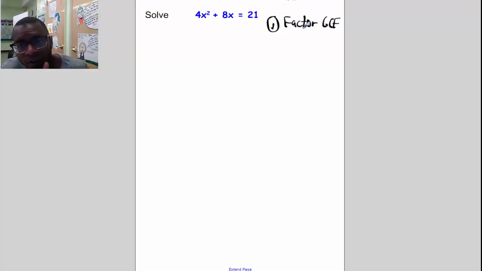When I do that, I get 4 times x squared plus 2x, and that's equal to 21.